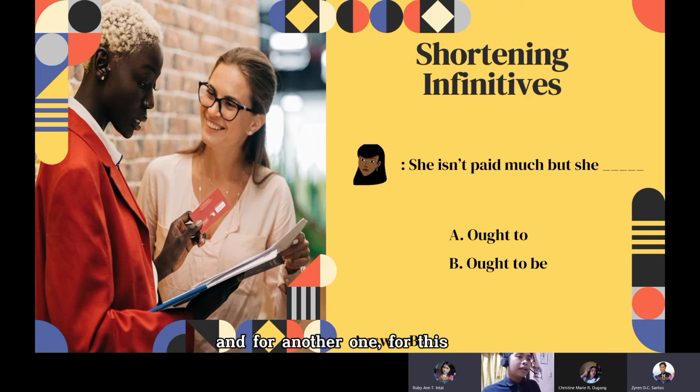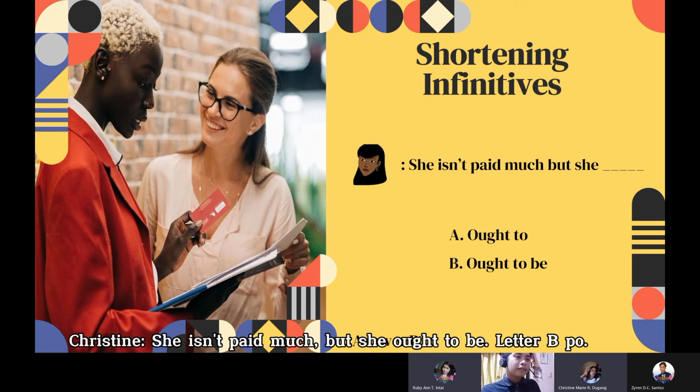And for another one, can you please read the sentence for us, Christine, and also identify the infinitive clause in the sentence? "She isn't paid much, but she ought to be."